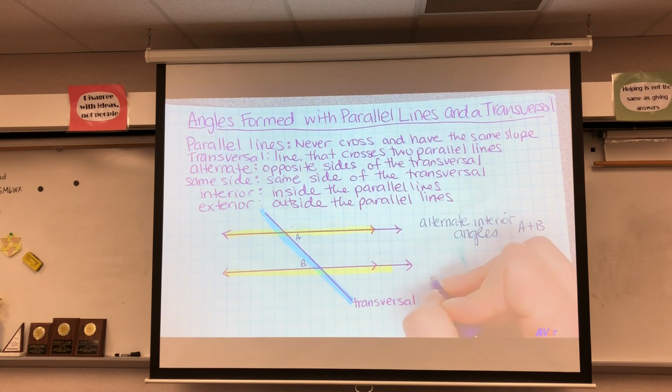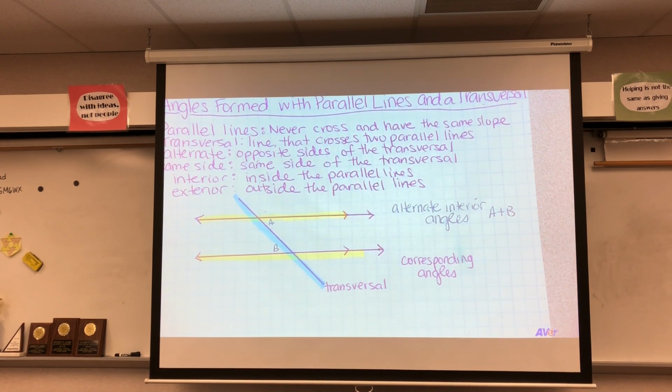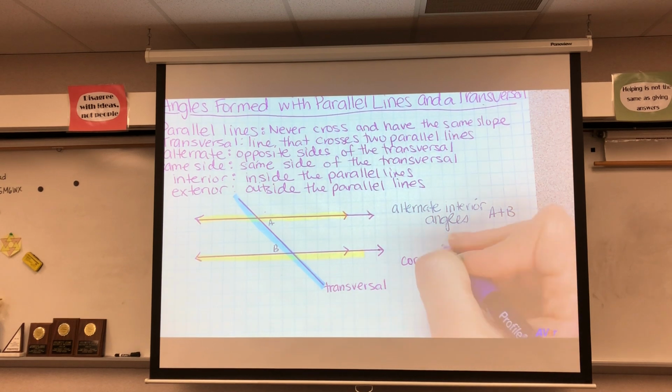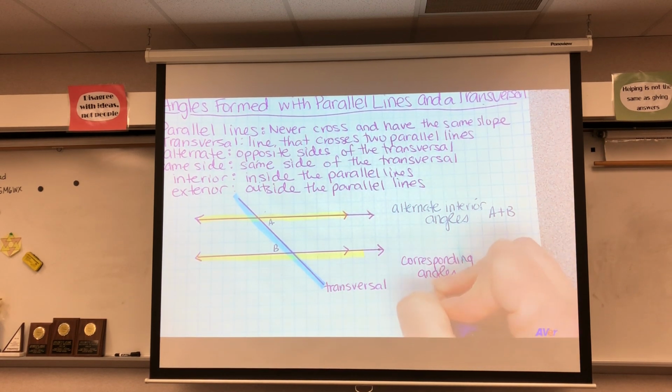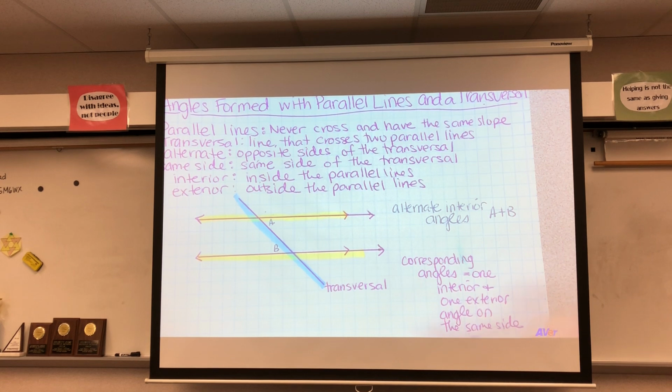The last thing I need to mention is something called corresponding angles. They are kind of the weird step cousins, but they come up a lot. This means I have one interior and one exterior angle on the same side of the transversal.